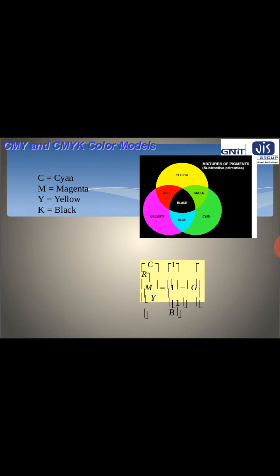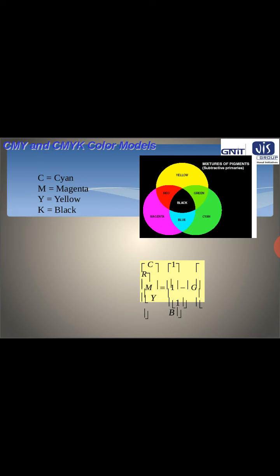Now CMY and CMYK color models have been discussed here. If we consider the corresponding values of cyan, magenta and yellow, it is known as the CMY color model.